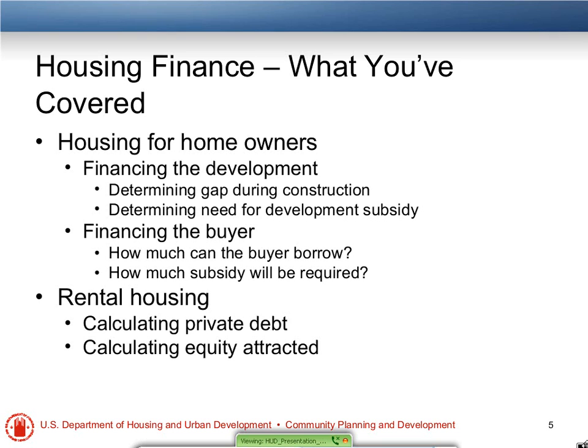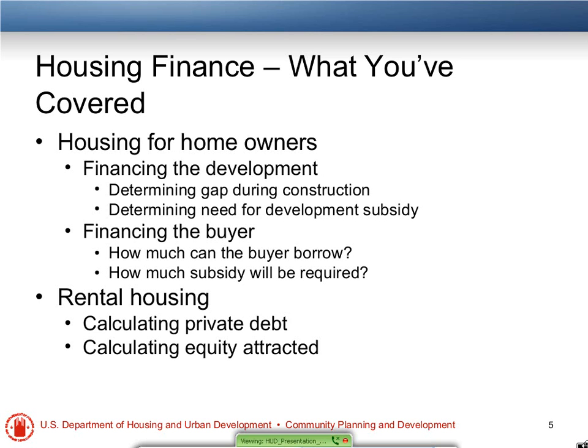Let's go to our housing finance and a little bit of what we've covered in our previous classes. In the housing for homeowners, we basically took you through the process of financing the development of the project, financing the construction of the units, and then determining whether you could sell those units for enough to cover your construction cost and still provide a reasonable return to the developer, or whether you had a financing gap and there was a need for a development subsidy.